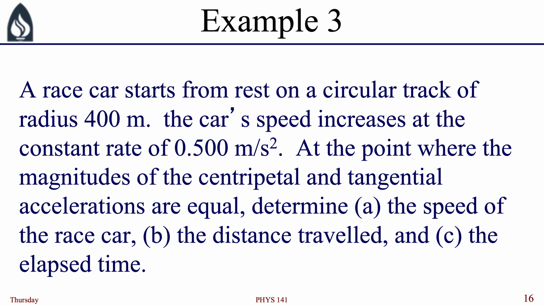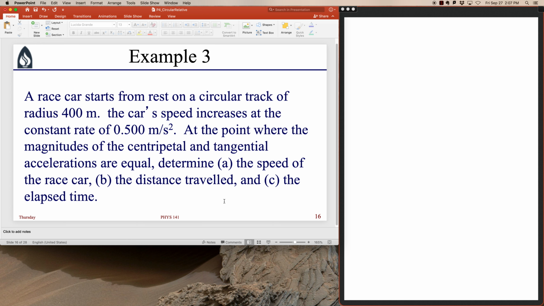All right, so let's first draw a picture of this problem. So we have a car that's moving around a circular racetrack. So here is our racetrack, and here's the car that's moving around the circular racetrack.